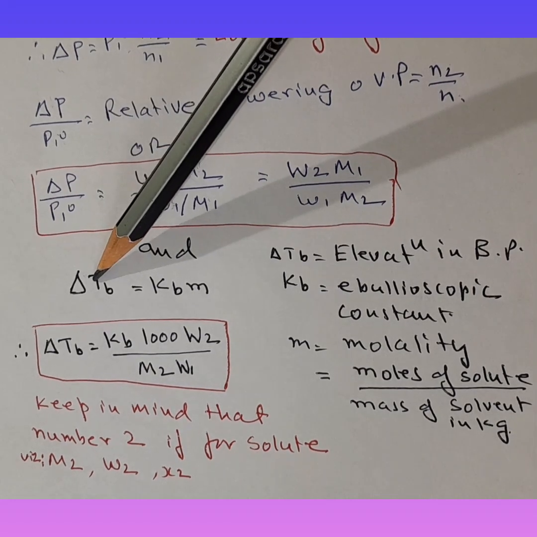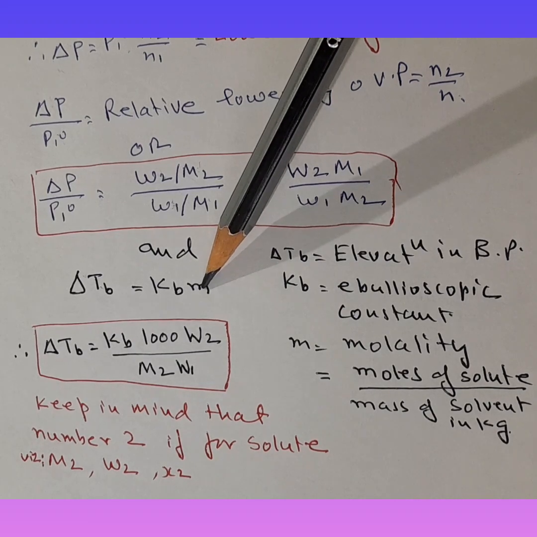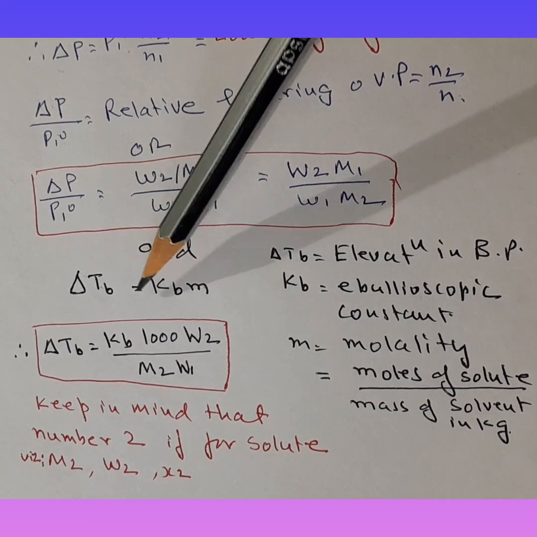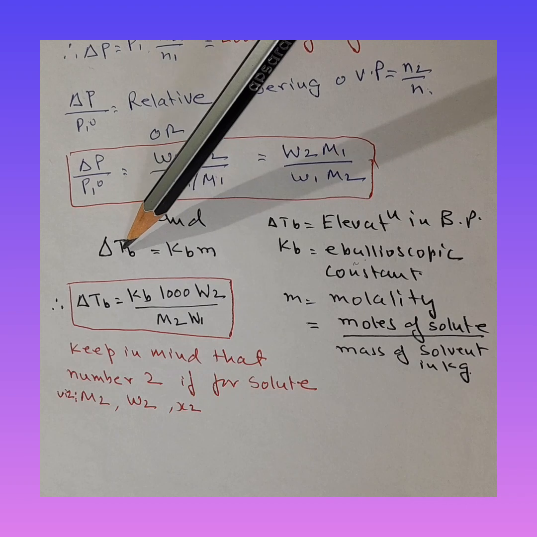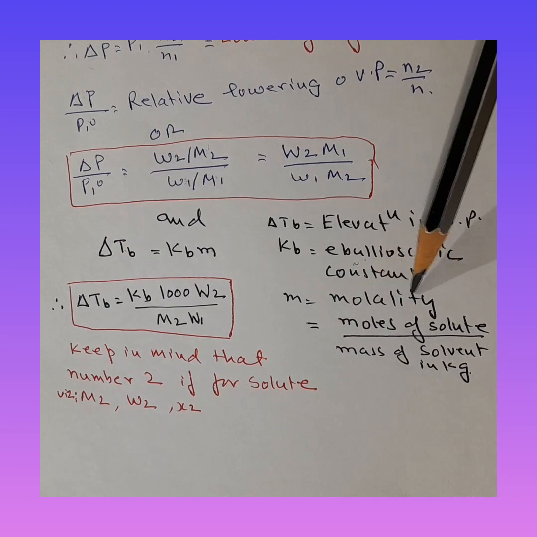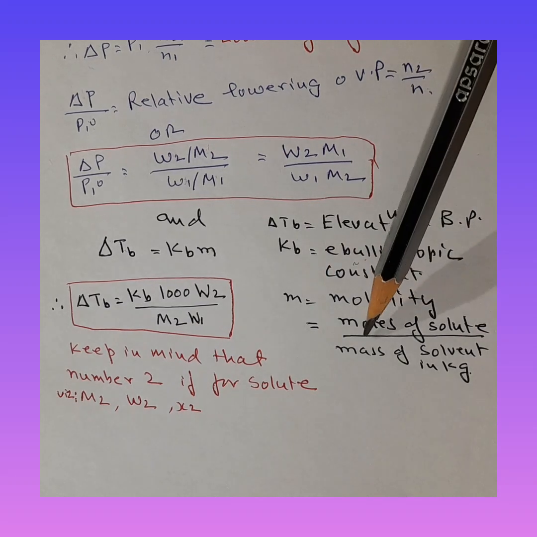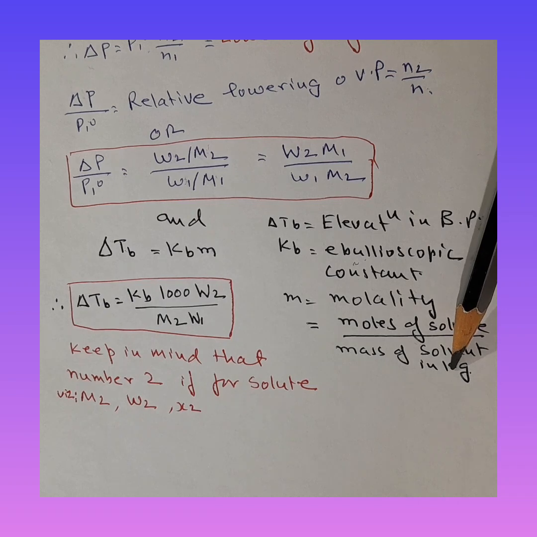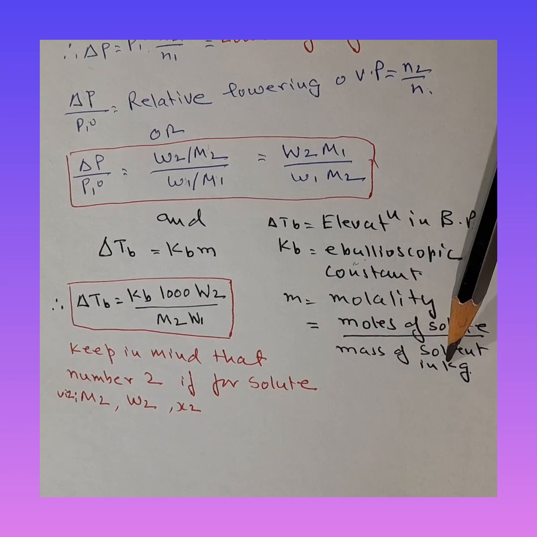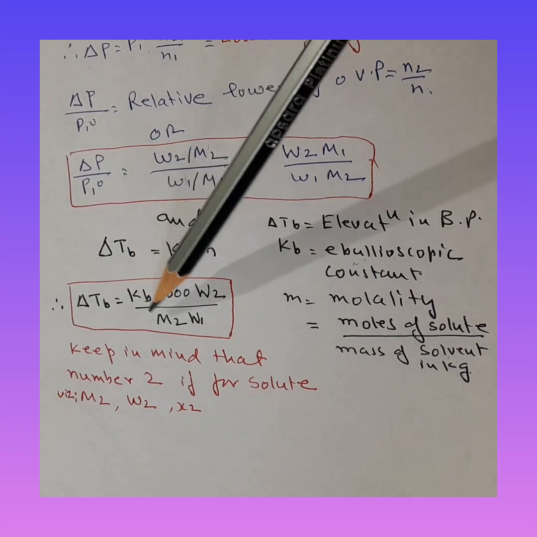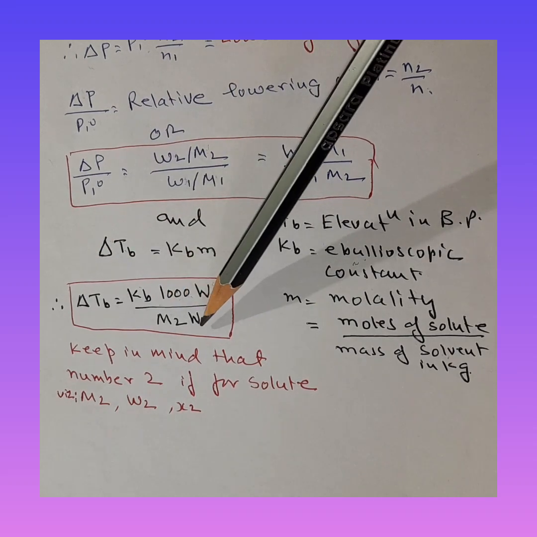So what's the formula for that? Del TB is directly proportional to molality. And when that proportionality sign goes, we get Kb here, which is the ebullioscopic constant. And molality, as I explained in an earlier video, is moles of solute divided by mass of solvent in kg. So this is solute and this is solvent. So the formula becomes Kb 1000 W2 upon M2 W1.